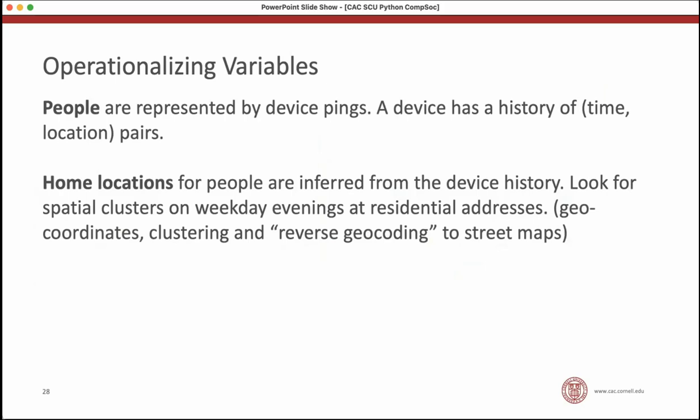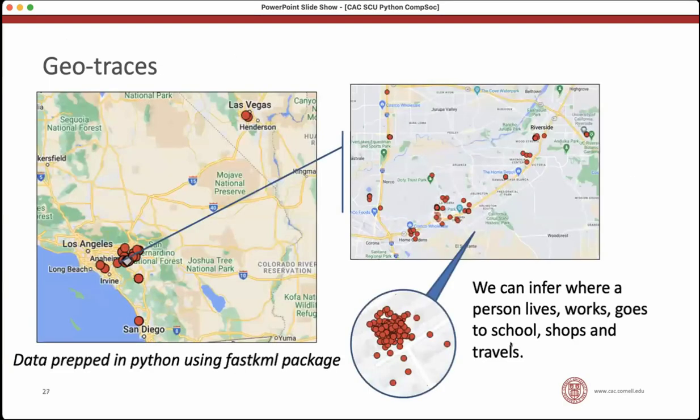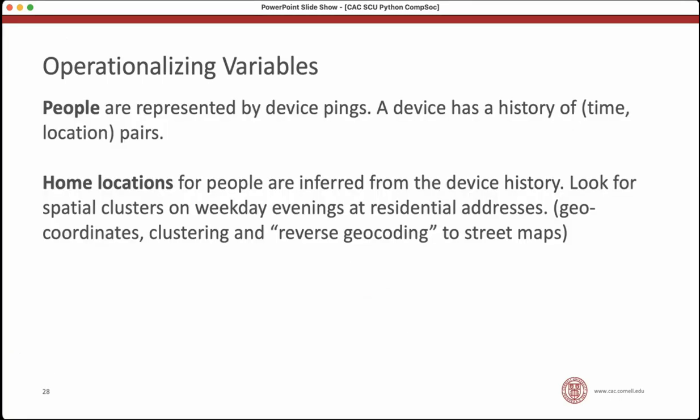We need to figure out what we mean when we say home location. In this case, we're going to be looking for these tight clusters of check-ins. It's common in this kind of research to use spatial clusters on weekday evenings at residential addresses.